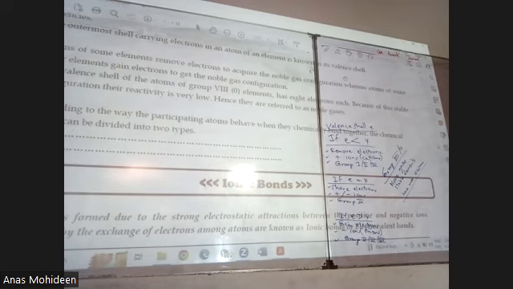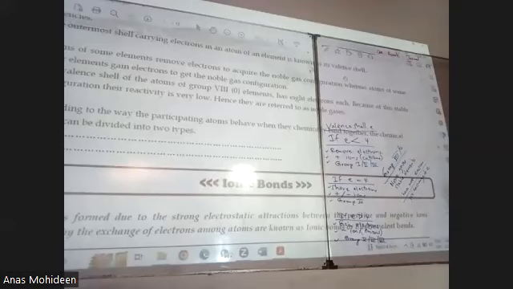They don't exchange electrons and they don't make any ions. No plus or minus ions form. Is that clear? So that is for group 8.